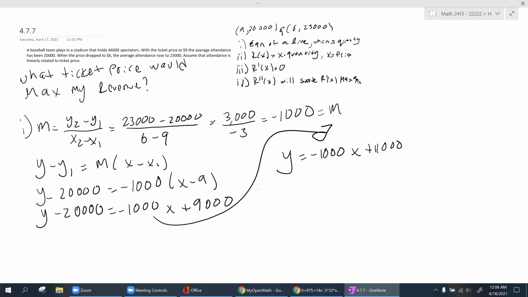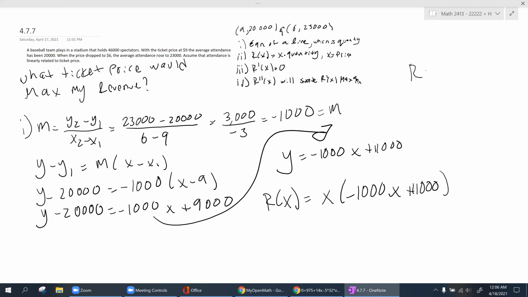What I need to do now for step 2 is find my revenue function. That simply states that I'm going to multiply everything that I got by the price, where the price is x.